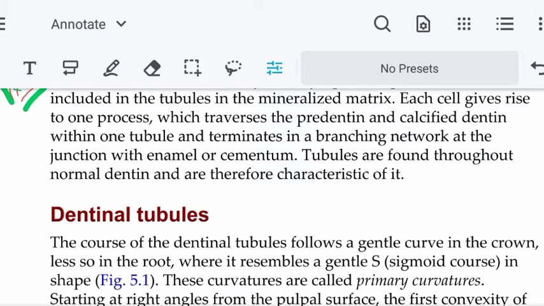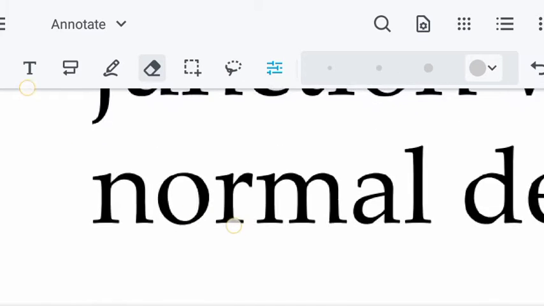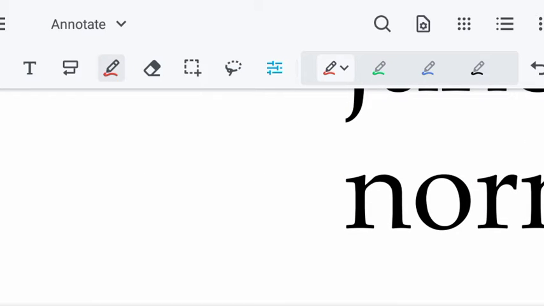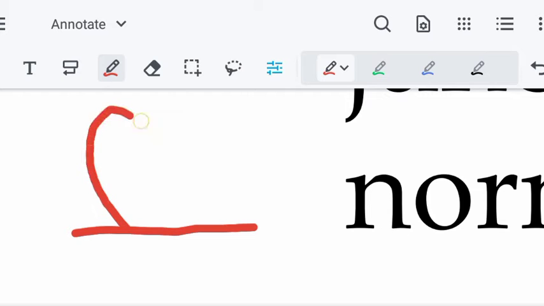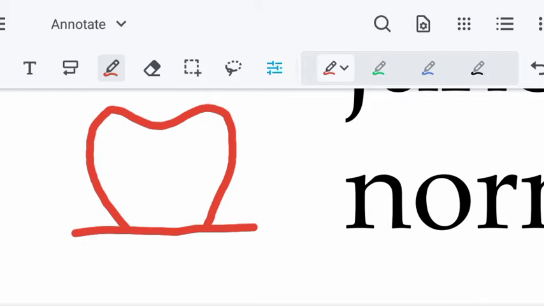So let me show you the diagram here. This is the tooth, and this is the pulpal chamber.